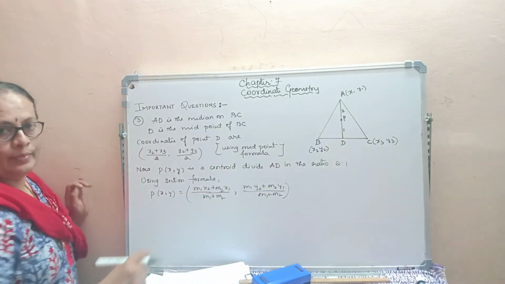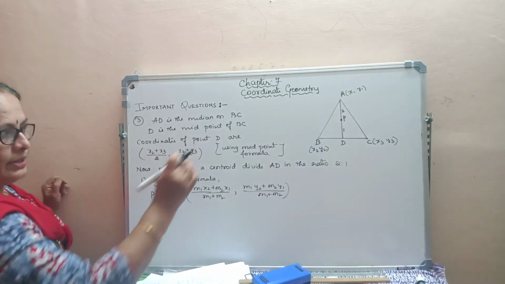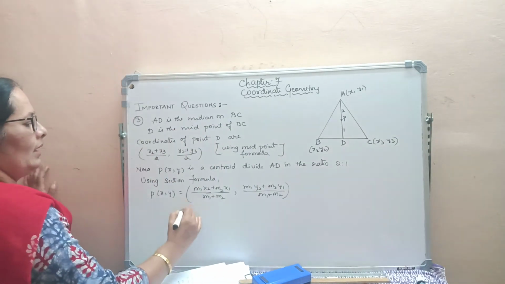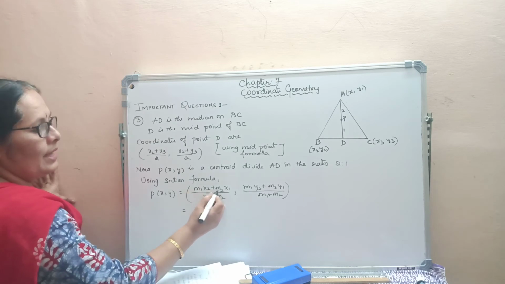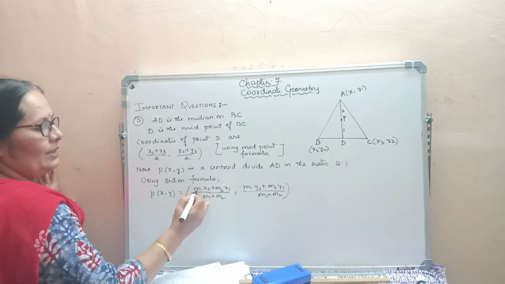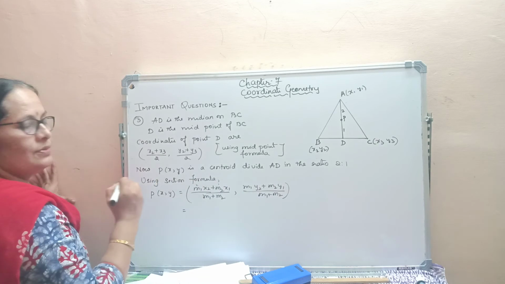This is the formula to find the coordinates of point P. Now the ratio is 2:1, that is m1 is 2, m2 is 1.